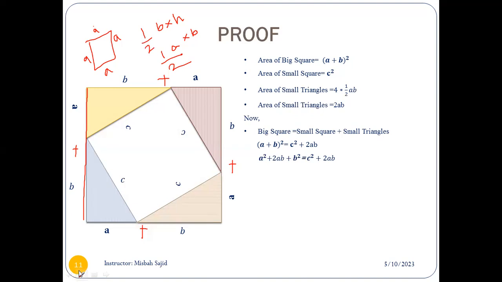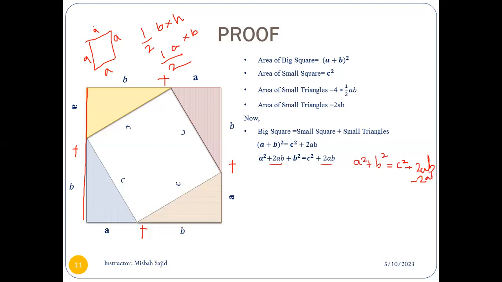Now next, we can shift this 2AB towards the right hand side or this towards the left hand side. It is the same because this is 2AB and its sign is also the same. So we can write A square plus B square is equal to C square plus 2AB minus 2AB.